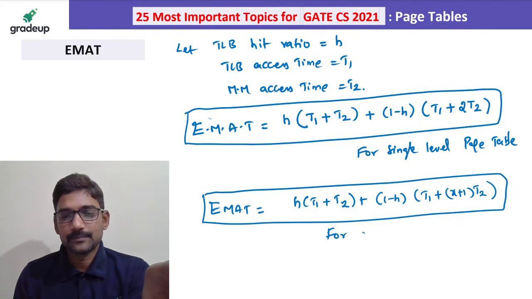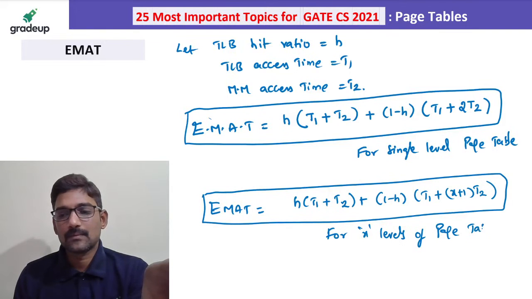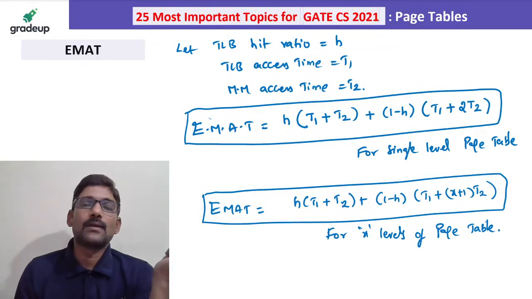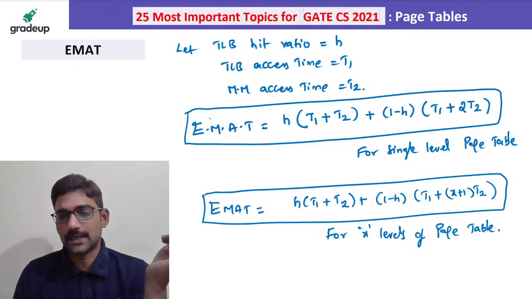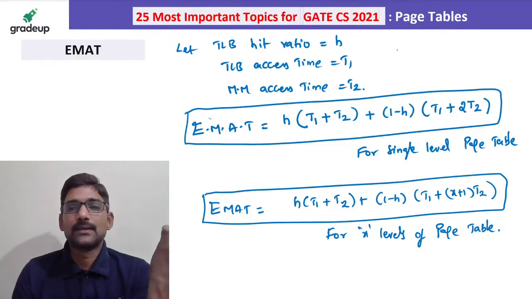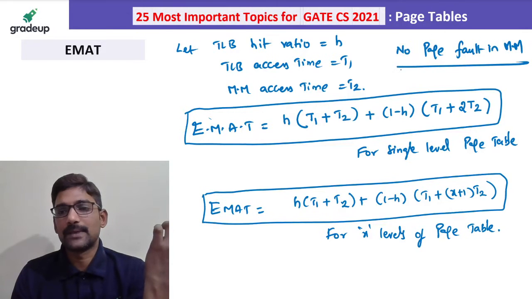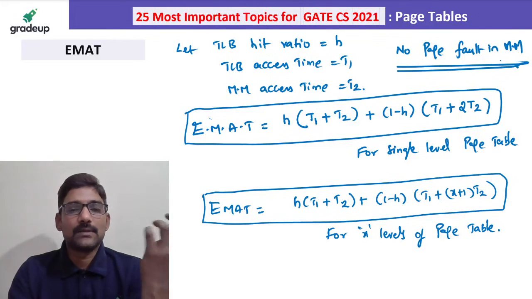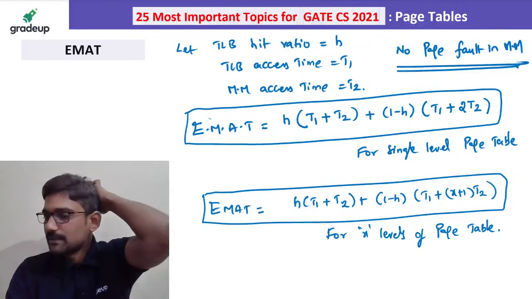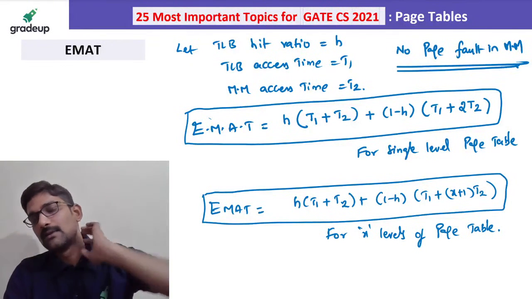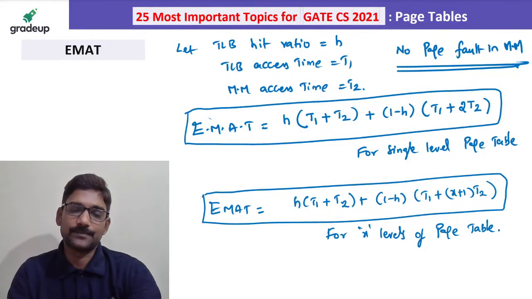Okay, so this is how we calculate effective memory access time, considering there is no page fault in main memory. This is the effective memory access time for single level page table and for X levels of page table.